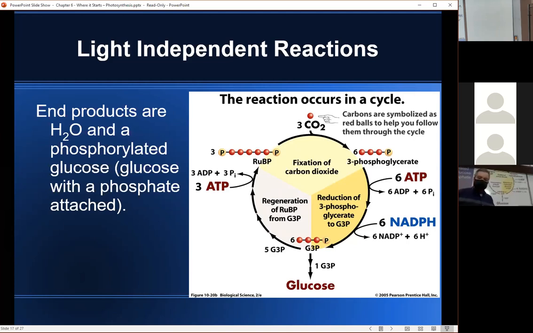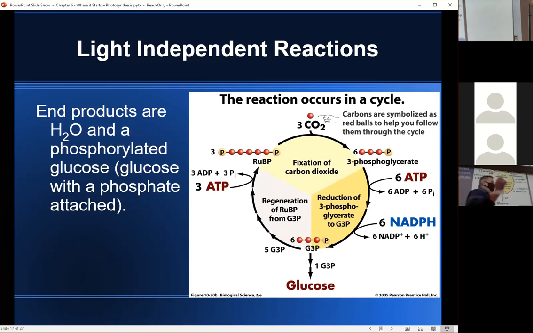We have the reduction of 3-phosphoglycerate to glyceraldehyde 3-phosphate. Then the third step, we have the regeneration of ribulose bisphosphate from glyceraldehyde 3-phosphate.